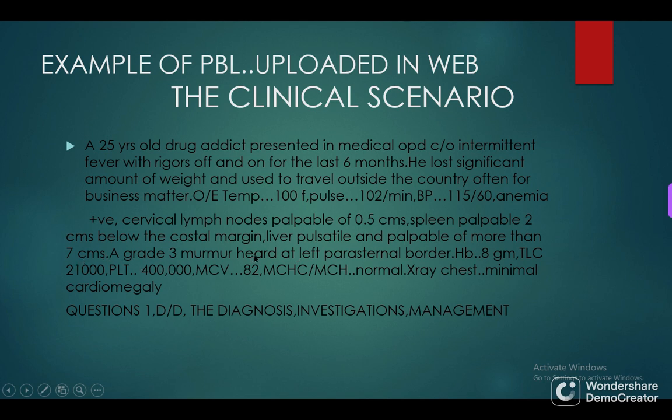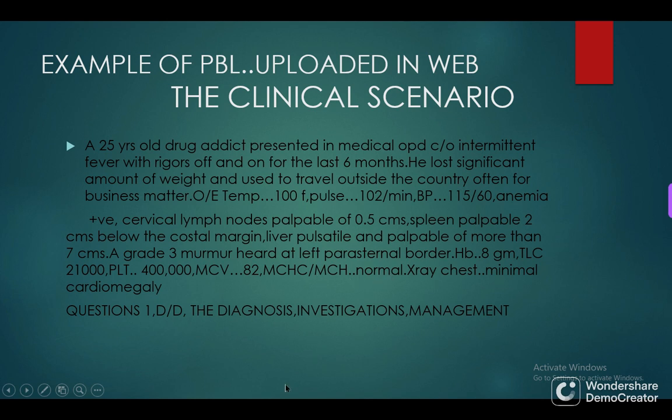A grade 3 murmur is heard at the left parasternal border. Hemoglobin was 8 gram, TLC is 21,000, very high. Platelet is 400,000, high. MCV is 82, normal. MCHC and MCH are normal, so it is not iron deficiency anemia.